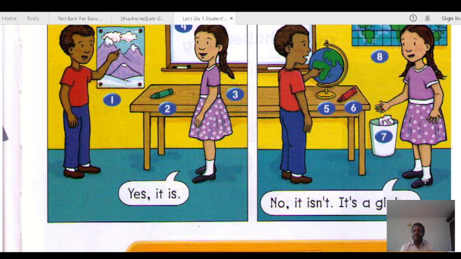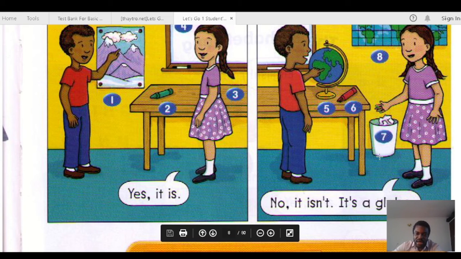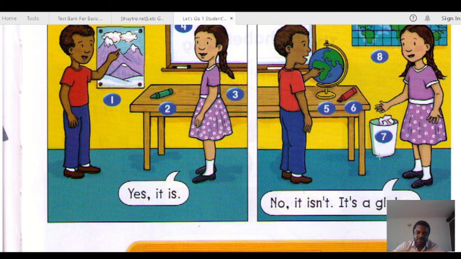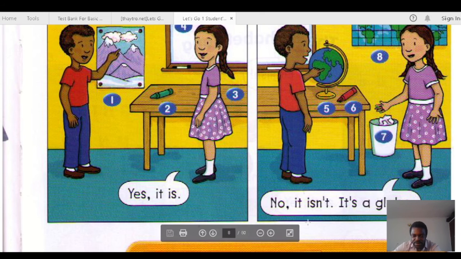So you see, in English language, we have three patterns of sentences. One is negative, one is positive, and the other one is question. And we have them like that all the time, so you watch out for it. How do we ask questions, or how do we change our positive sentence to negative or negative to question? Okay? No, it isn't. It is a globe.